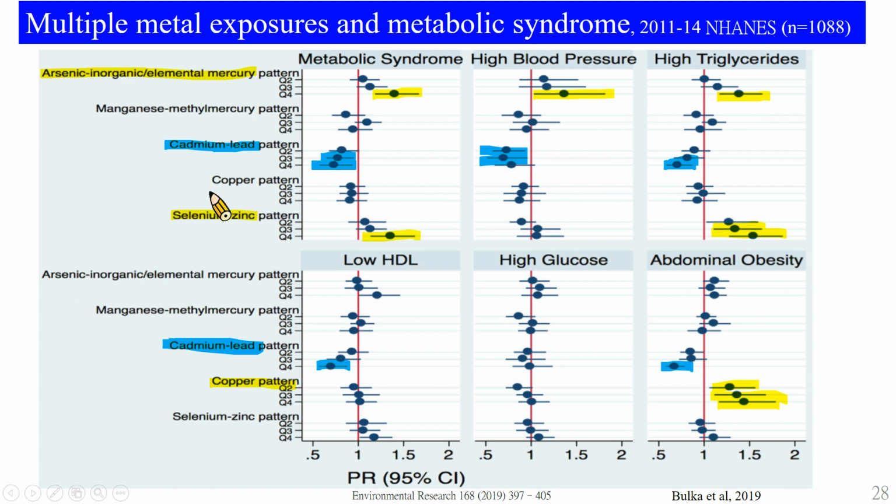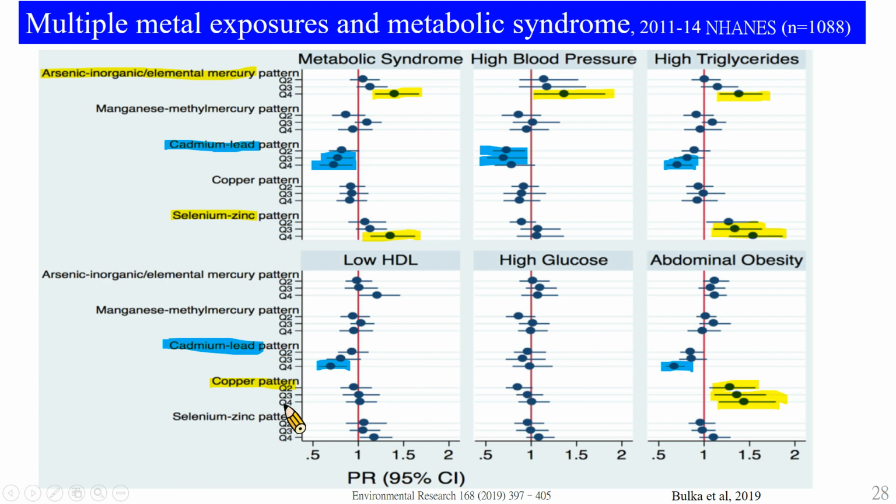But if individuals have a high level of selenium, they also tend to have a high level of zinc. So selenium is associated with increased zinc concentration in the body as well. If an individual has both high selenium and zinc concentration in their body, they also have an increased risk of metabolic syndrome and an increased risk of high triglycerides as well.